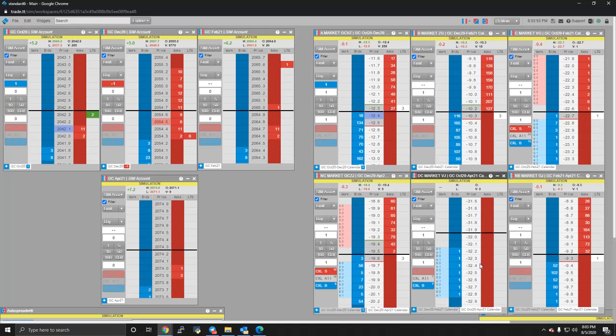Bring some one lots in there. And now if we look at the best offer in the C market, 22.6, and the best offer in the new B market, which is 9.2, we come up with 31.8. So I'm going to offer 31.8. I'm going to put one lots in there. I'm going to offer up the book.